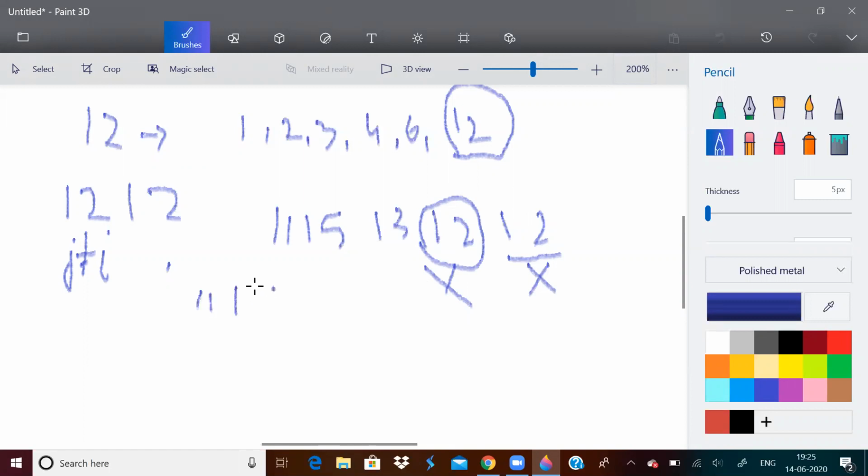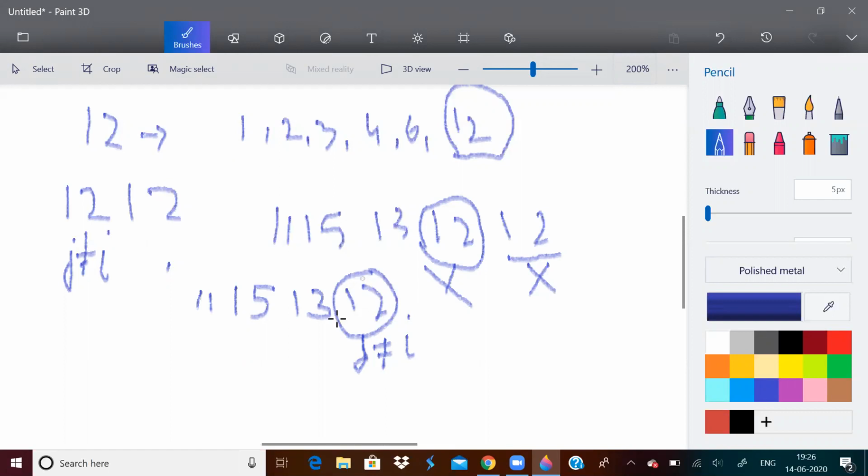But if the array was only this, there is no factor of 12 present in the array. And even though 12 is a factor of itself, count of that is 1 only. And we know that j cannot be I, so we should not count this. When we factorize, if we get the factor as the number itself, we should check how many numbers are present.